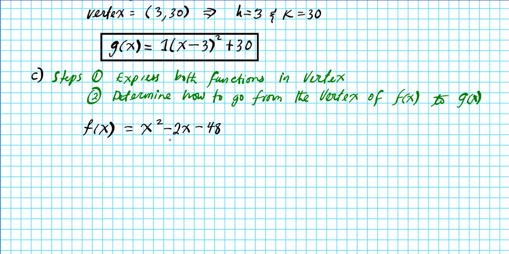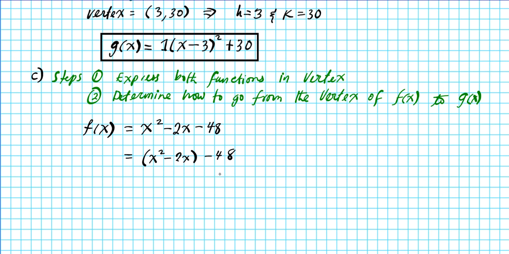I'm going to use completing the square here, but you can also use the vertex formula. All we are comparing, remember, are the vertices of the two functions. So let's use completing the square just for a change. We are going to have to create an incomplete square, x squared minus 2x minus 48.